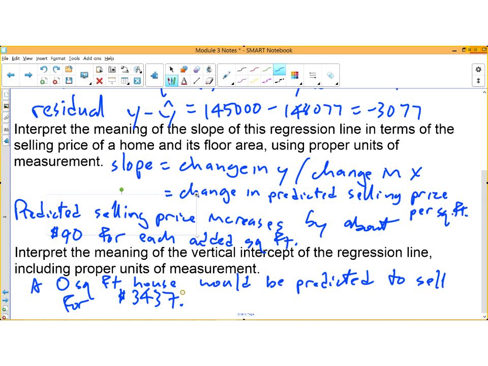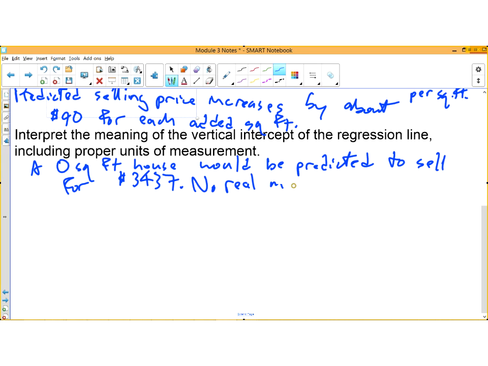And that's a pretty good possible interpretation, but even that doesn't really work, because the problem is that you would need houses going down closer and closer to that 0. So in this case, the interpretation doesn't really have a meaning in that sense. So I'm probably not going to ask you a question where it doesn't actually have a meaning. So you can say, I'll add this, no real meaning. Let me see if I can write that a little neater. No real meaning.